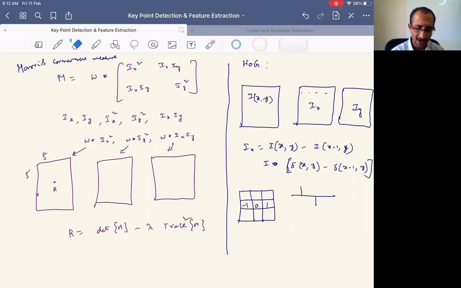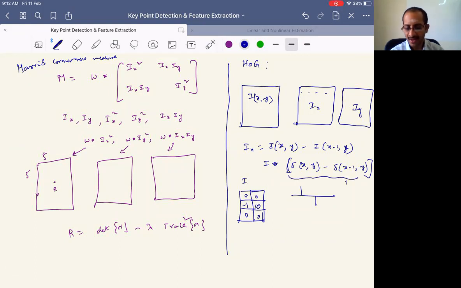But if we are considering x minus 1, it is enough to write 0, minus 1, 1 and the zeros elsewhere. So simply this is the kernel, this is the filter. If we write hx as the filter, then this is hx. Is this clear, what I am writing here?